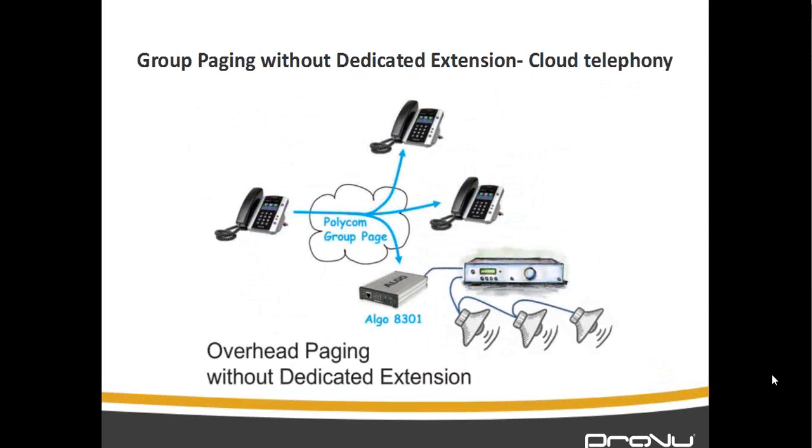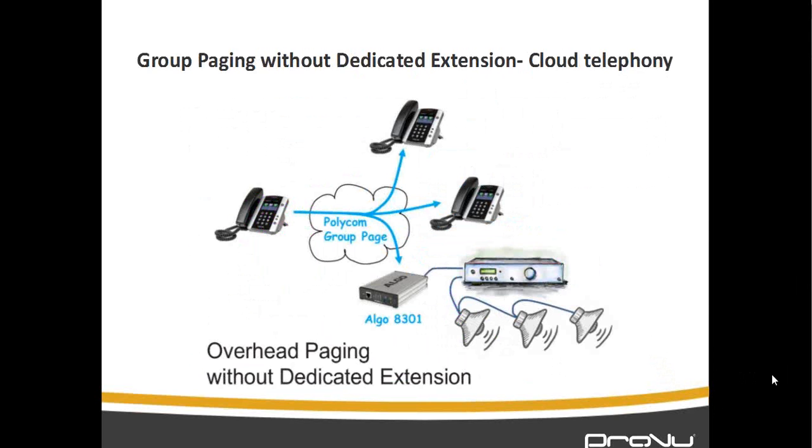Some people would ask why not just use a standard ATA device? Yes, you can, but the audio quality is not great because an ATA is not designed for that. Also, an ATA doesn't manage the amplifier. The idea of putting in an Algo or a 2N solution is that the device effectively becomes the control system.